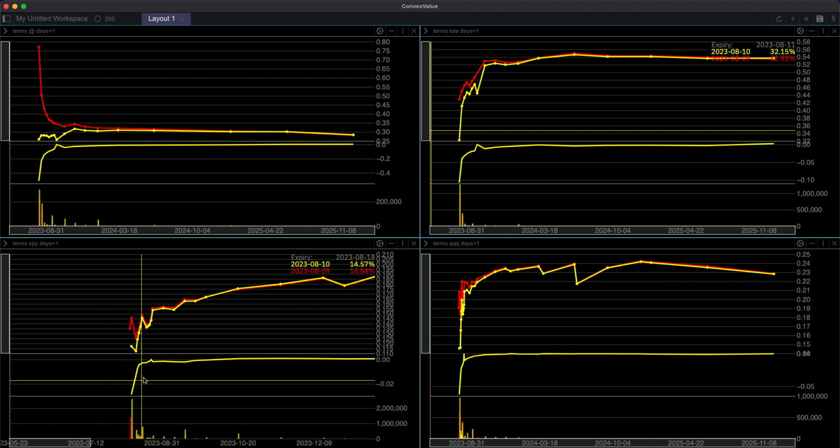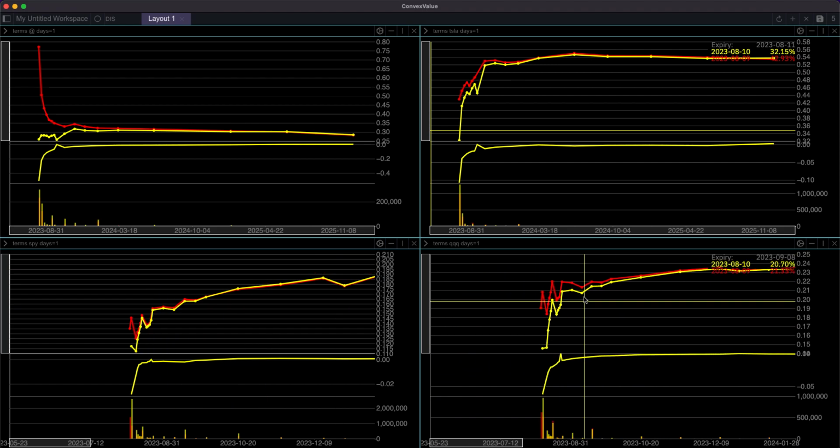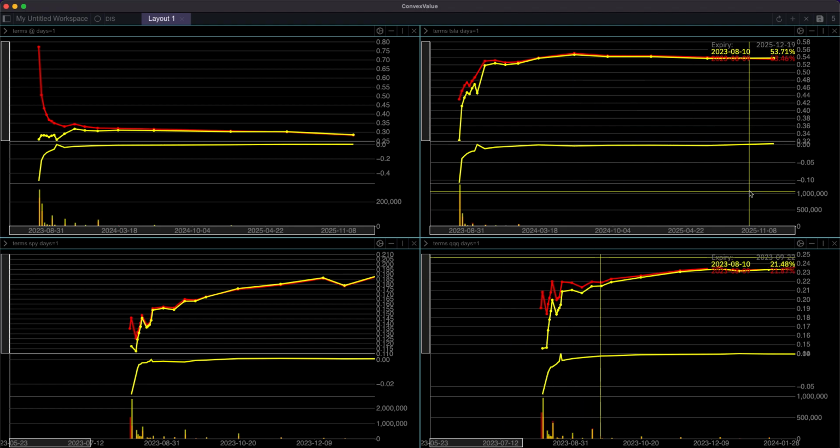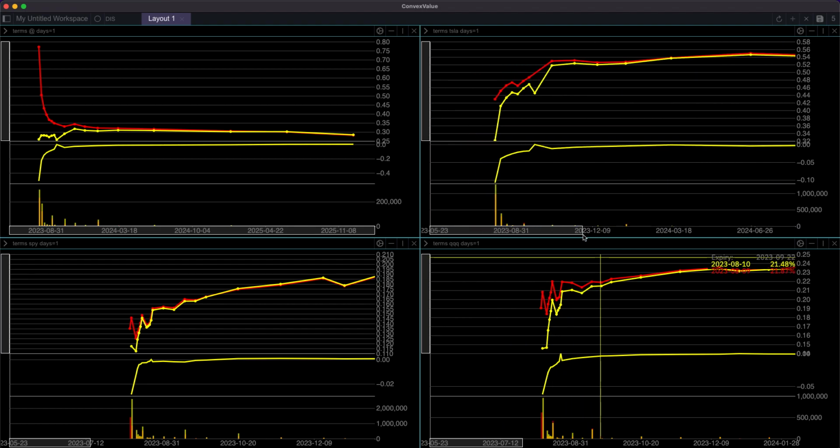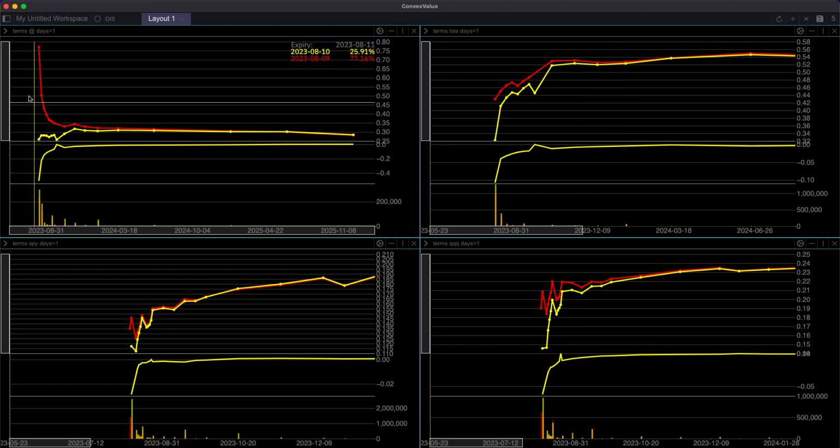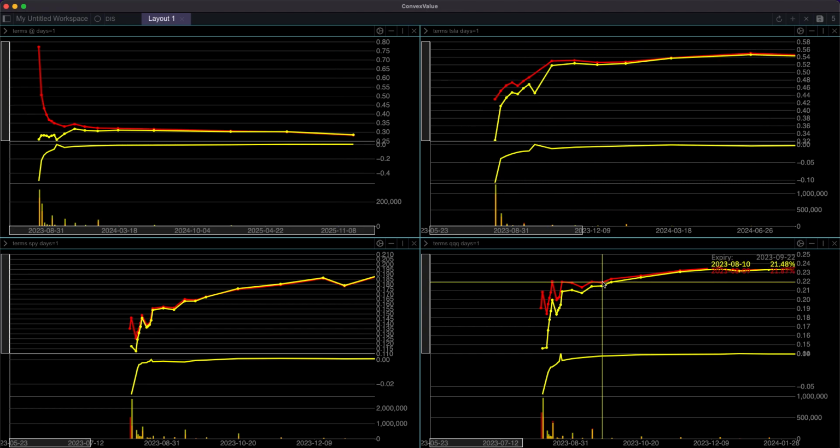So here on SPY, it's dropped a little bit on the near term, but the further terms stayed almost where it's at. On QQQ, we have a bigger drop. And then here on Tesla, we have a very similar pattern of drops. Well, not this one, because this is Disney, this is earnings stuff, but a very similar short-term implied volatility drop on stuff. So yeah, that's the terms module, and it's a simple module, but it's very, very powerful.